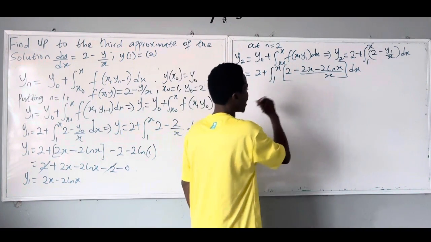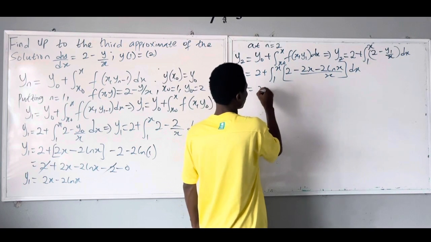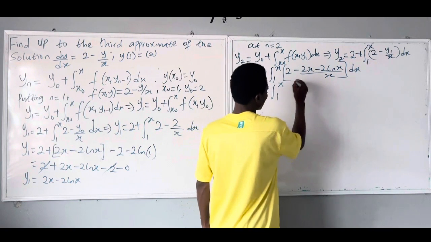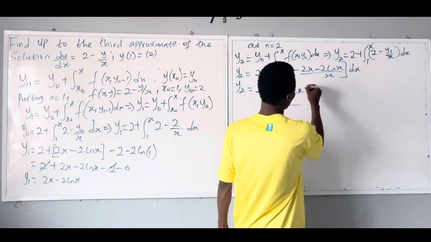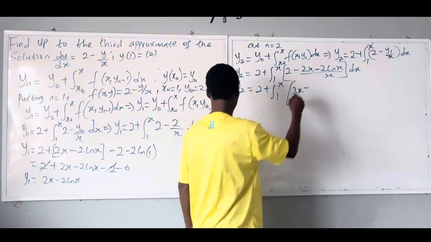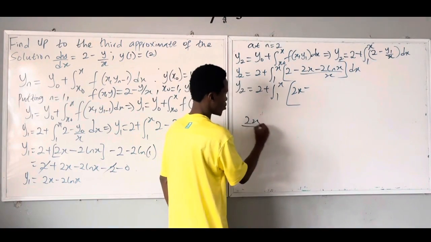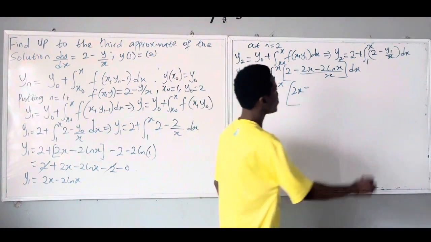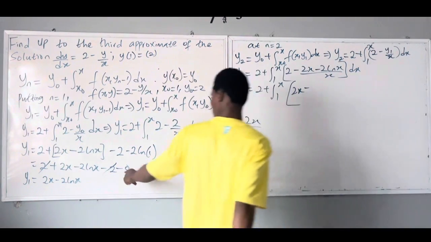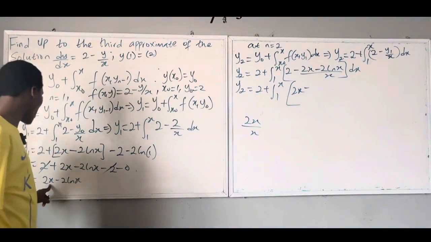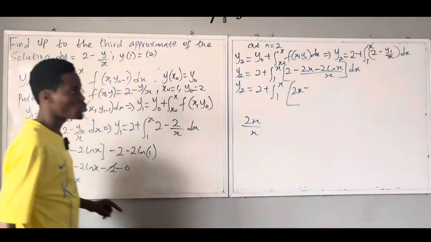So from here, I can have y2 is equal to 2 plus from 1 to x. If I integrate 2, I'm going to have what? 2s minus this 2s all over s. If I have 2s all over s, but from here, this negative is affecting y1 of s. So it means here I'm going to have 2s minus 2s plus 2 ln s all over s ds.